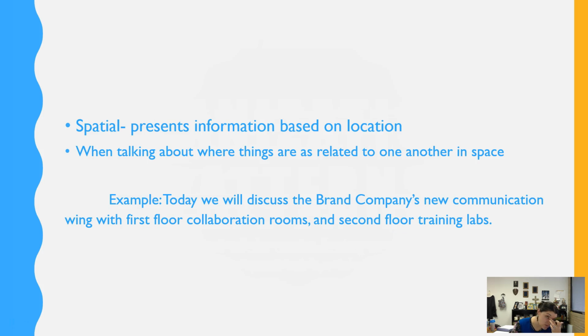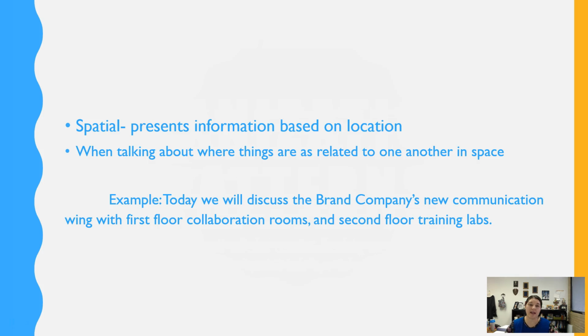Let's talk about spatial. Spatial typically is a harder one for my students to understand. It presents information based on location. So when we're talking about how things are related to one another in physical space, in location, that is spatial. The example you have is, today we'll discuss the brand company's new communication wing with its first floor collaboration rooms and second floor training labs.